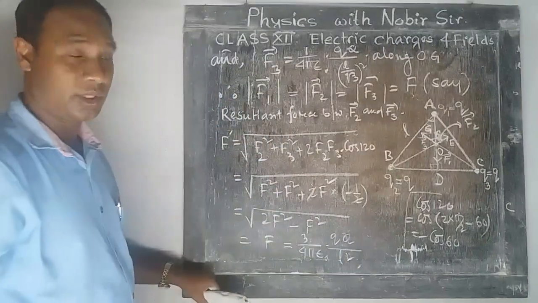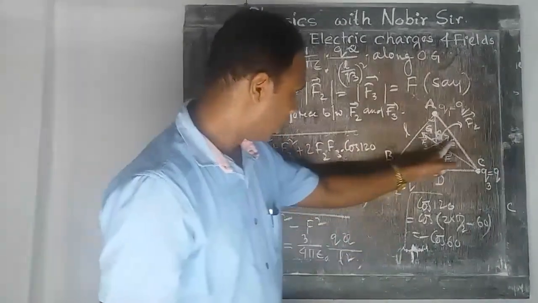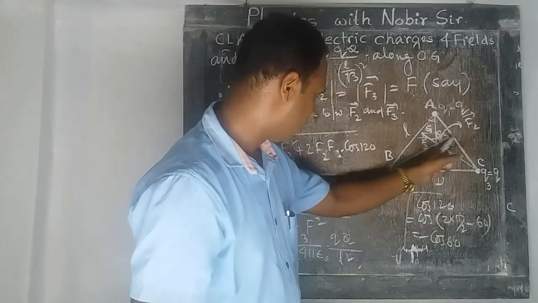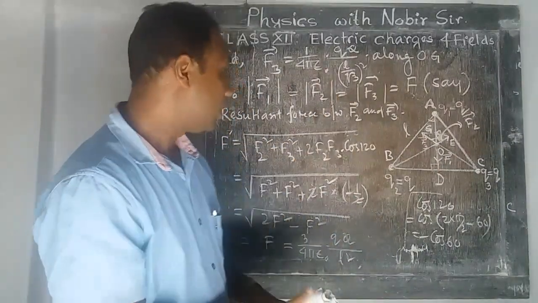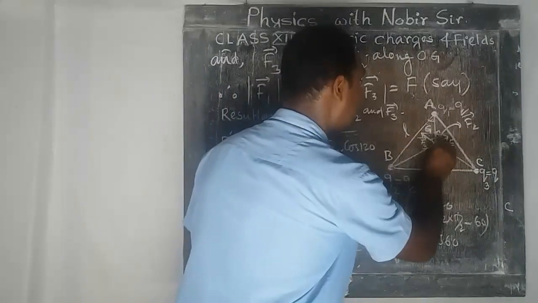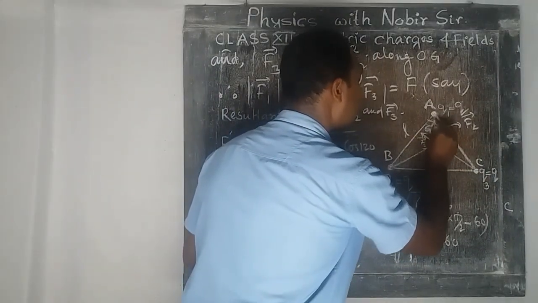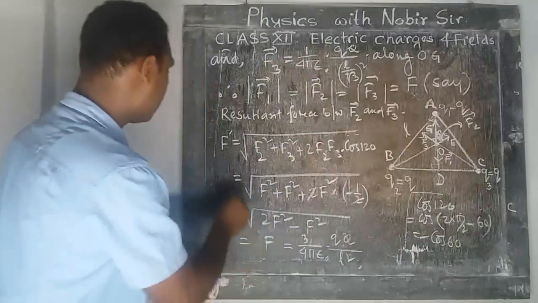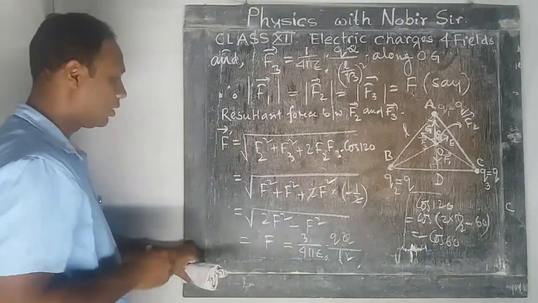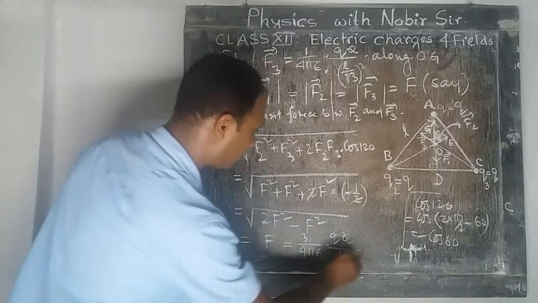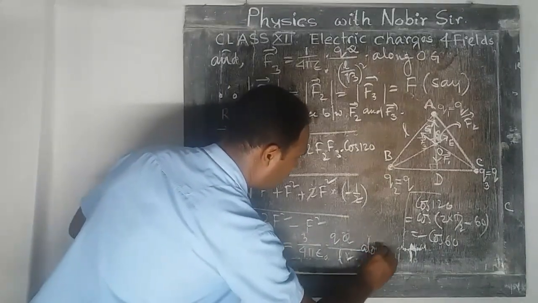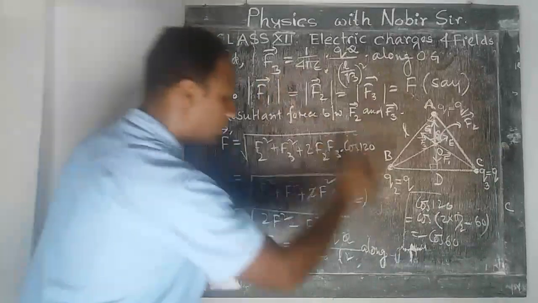This is the magnitude of the resultant vector. The direction of the resultant of F2 and F3 will be along this direction, which indicates along OD. So if we put the vector sign, F dash will be along OD.